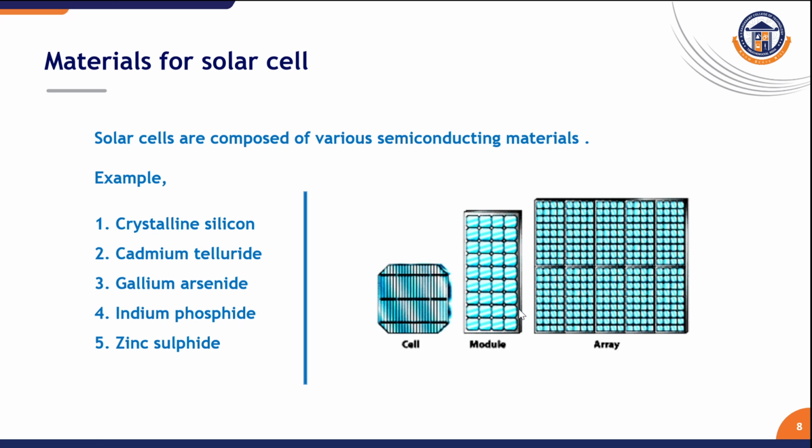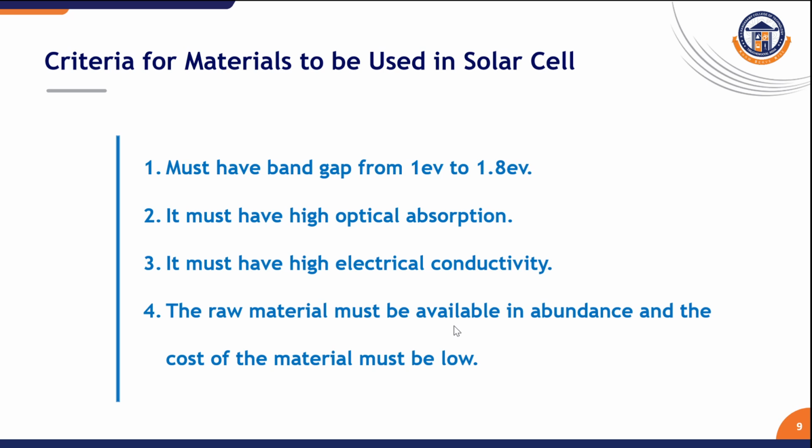Now let us see materials for the solar cells. Solar cells can be made from materials like crystalline silicon, cadmium telluride, gallium arsenide, and indium phosphide. But not every material is suitable. For effectiveness, the material should have a band gap of 1 to 1.8 electron volt, and it should absorb light efficiently, conduct electricity well, and be both abundant and affordable.